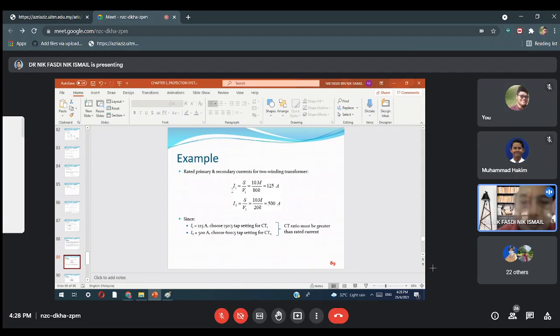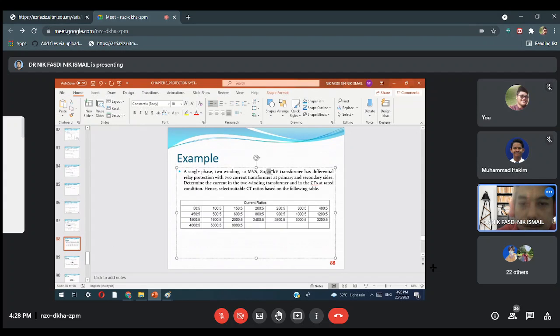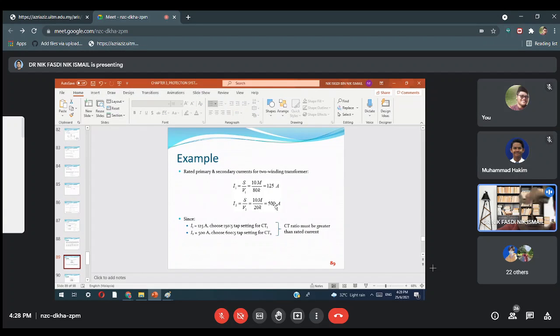So from this formula, semua tahu formula ni, I1 primary is S divided by V1, S is the apparent power, 10 MVA divided by 80 kV, the primary voltage, you dapat 125 ampere. Okay, for the secondary side, S over V2, 10 MVA divided by 20 kV. Where's the 20? It comes from this one. Okay, right? So you dapat 500 ampere.